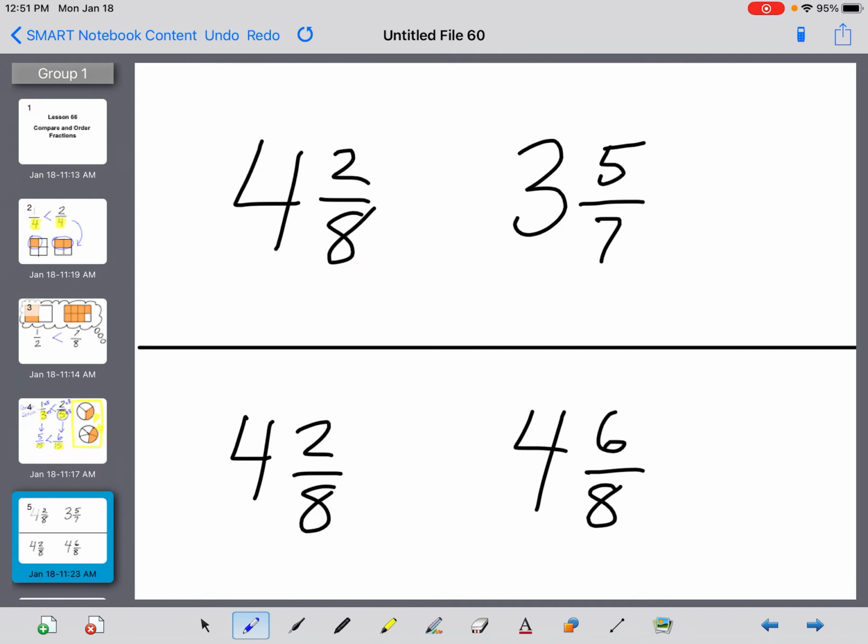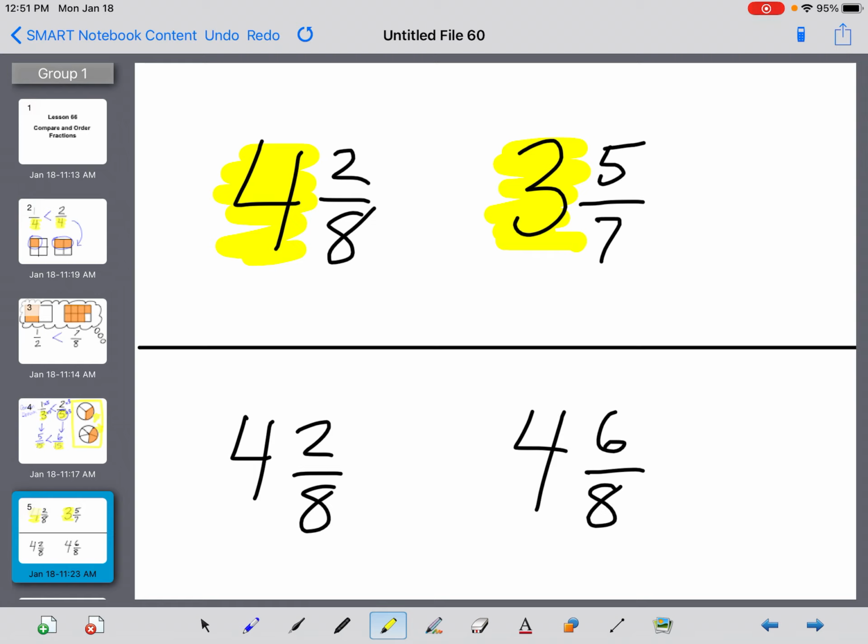All right, the next thing that we need to look at are mixed numbers, because they sort of complicate things, hopefully not too much. But with mixed numbers, once again, sometimes you can look at them and know very easily which one is the larger number. So here I started out with a very easy example. We have 4 and 2/8 and 3 and 5/7. What you should always start by doing is looking at the whole number.